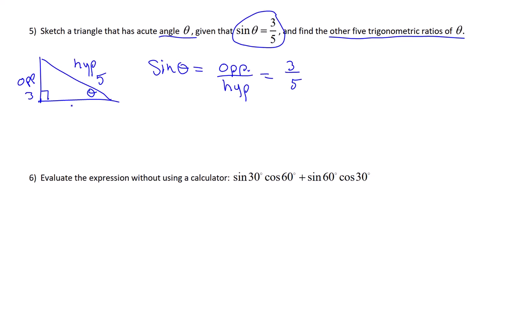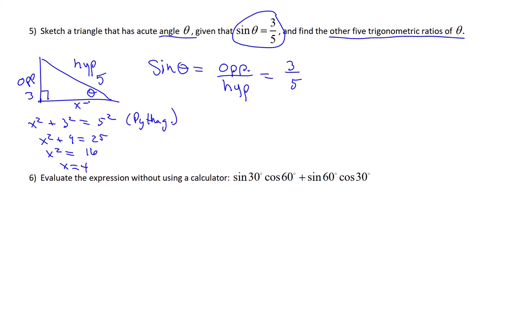So, for example, if I call that missing side x for the moment, then I know that x squared plus 3 squared would equal 5 squared. That's just using the Pythagorean theorem, which we reviewed above, which means that x squared plus 9 equals 25, which means x squared, if I subtract 9 from both sides, I get x squared equals 16, which means x must be 4.